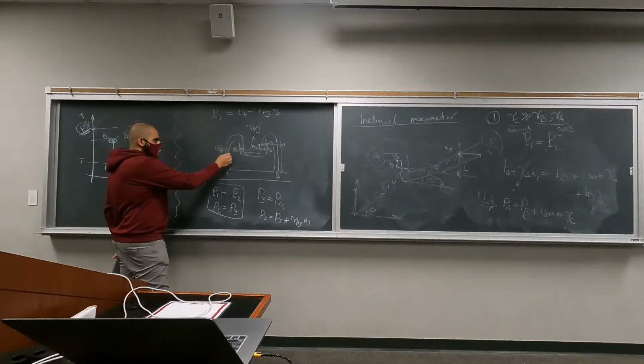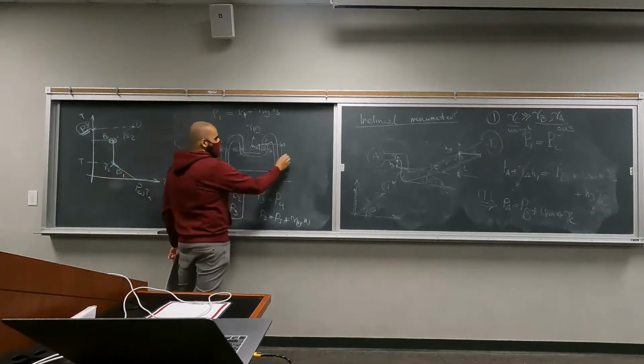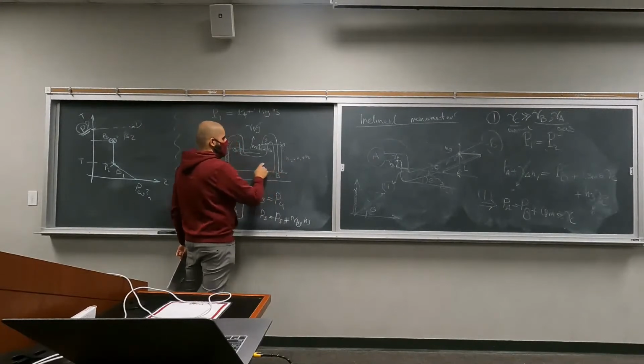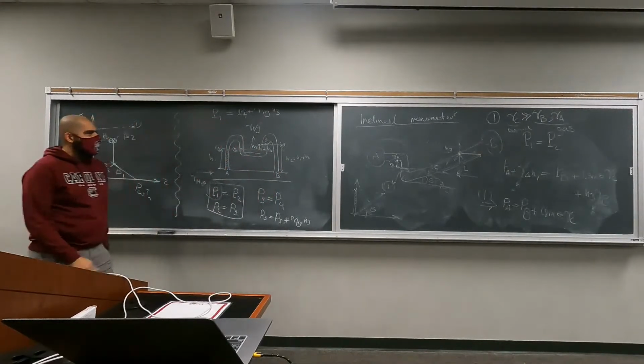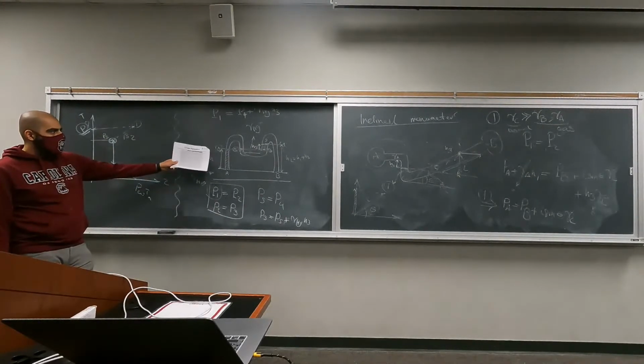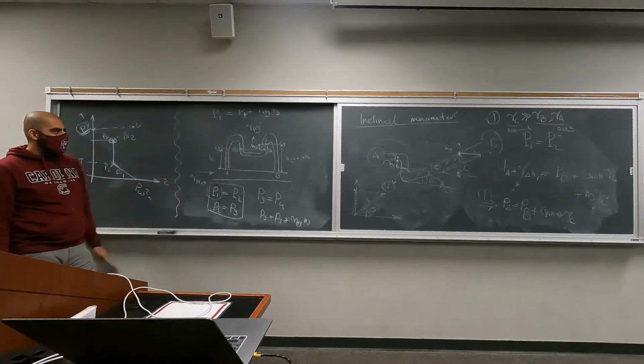Both of these are water. Let's call this H1. Let's call this H2, which is equal to H1 plus H3, right? You can see it from the figure here. P1 itself is equal to PA minus gamma of water, H1, right?